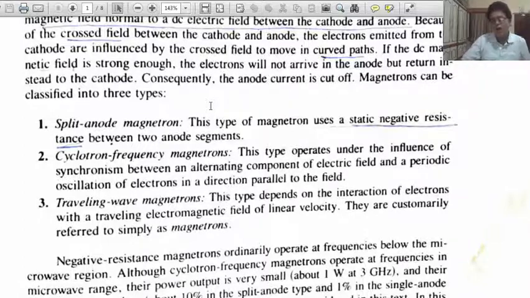This type operates under the influence of synchronism between an alternating component of electric field and a periodic oscillation of electrons in a direction parallel to the field. Third, traveling wave magnetrons. This type depends on the interaction of electrons with a traveling electromagnetic field of linear velocity. They are customarily referred to simply as magnetrons.